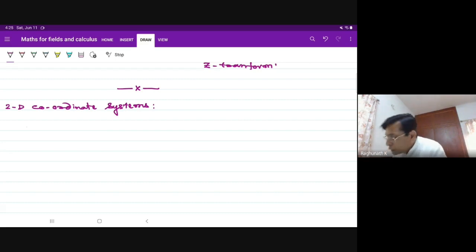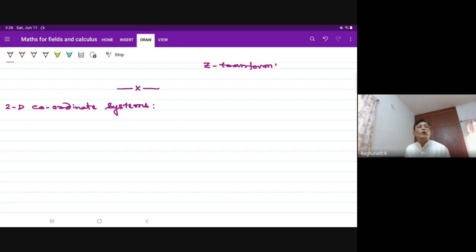are used to give the mathematical address, numerical address of each and every point in a plane by using a set of two numbers. You know that.